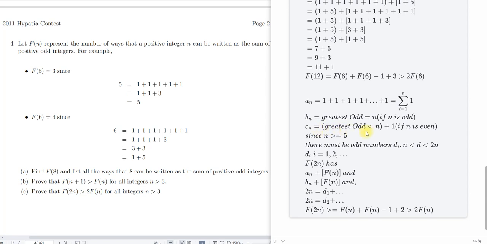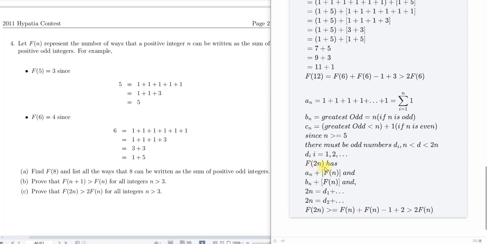And C_n is n minus 1 plus 1 if n is even. So A_n, B_n and C_n. Since n is greater than 5, there must be odd numbers d_i which are greater than n/2 and less than n. So there must be at least 2 d_i's, that is, i is greater than or equal to 2.